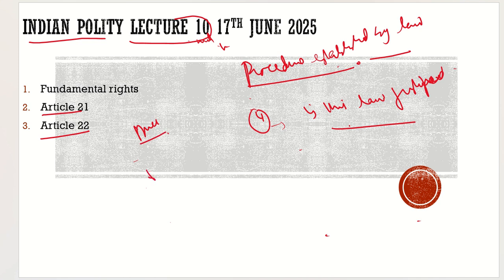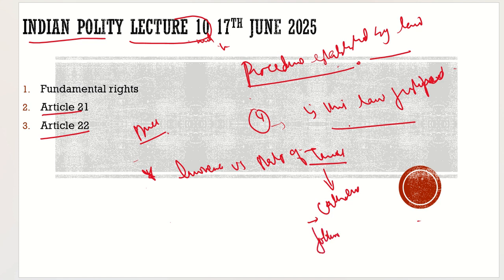Now let's take an example from the USA itself. There was a case, namely Lawrence versus the State of Texas. If you have heard about Texas, they are much Catholic Christians. They are Orthodox Christians, and they follow Christianity to the maximum as compared to other states in the USA.